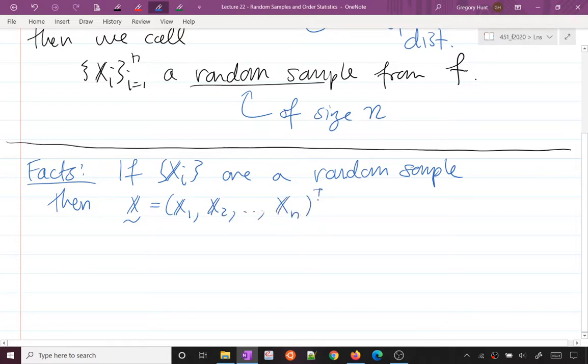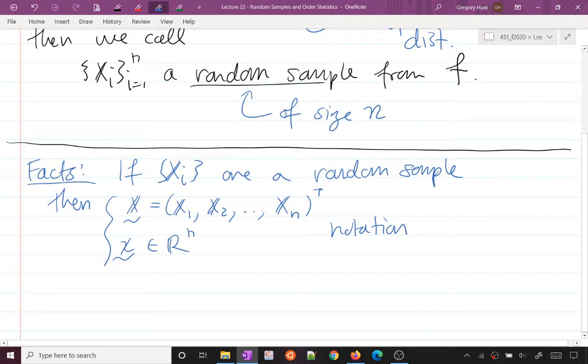We could say it's X1 to Xn transpose. This is a random vector, a multivariate random variable. And little x tilde is some number in Rn. Okay, so this is just some notation.